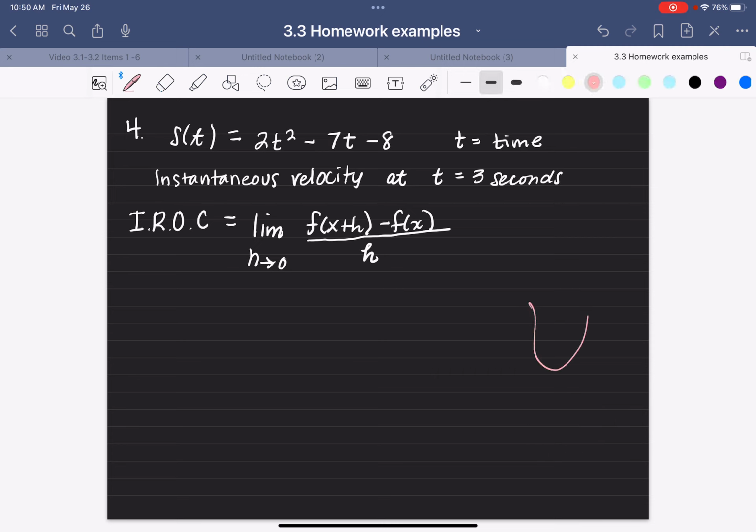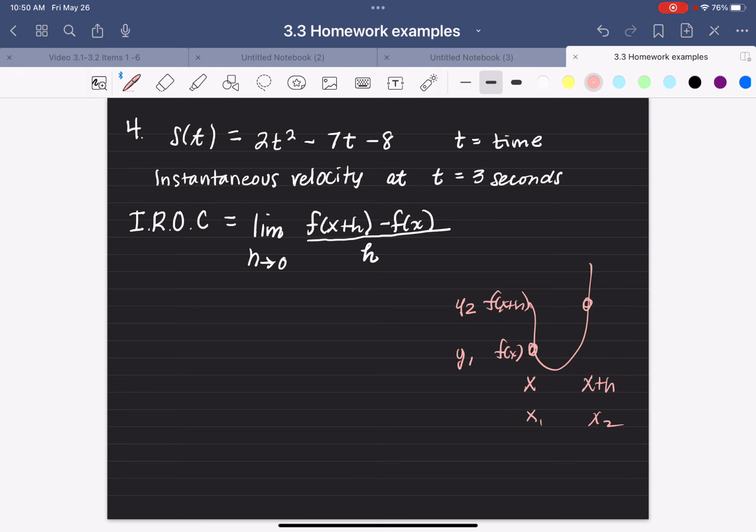Because if you've got x and x plus h, this would be f of x and f of x plus h. And so this would be your first y and your second y, and this would be your first x and your second x. So that's the typical slope formula.